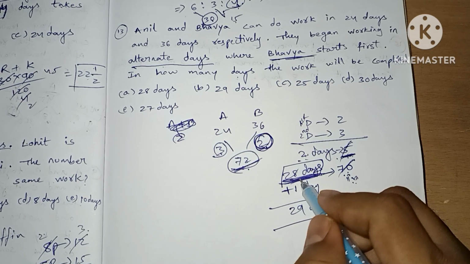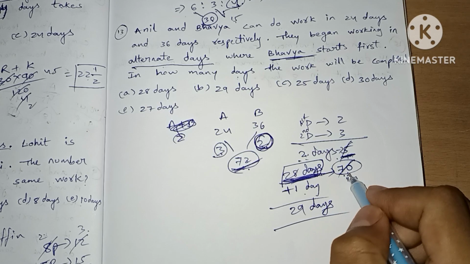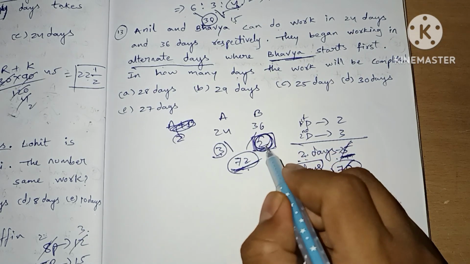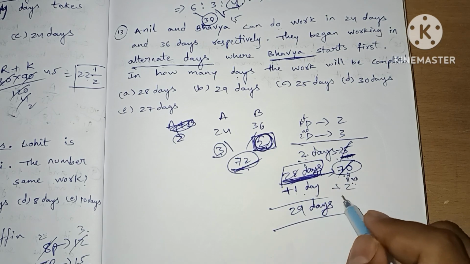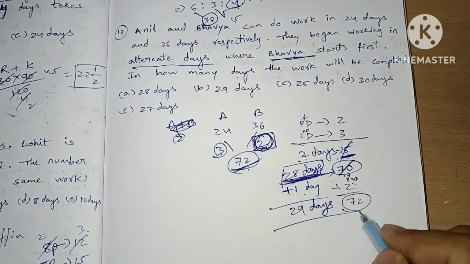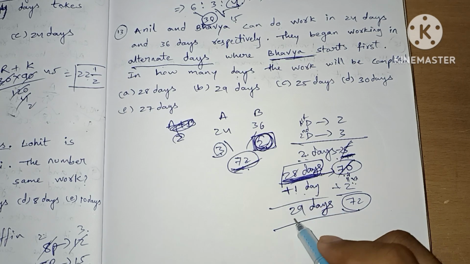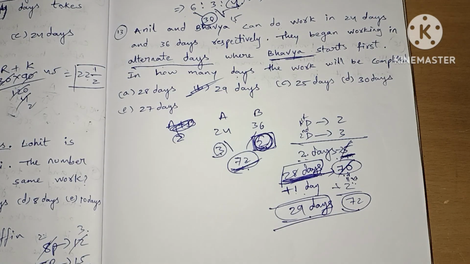After 28 days we can see that only 70 units are completed. In the next day, it starts with Bhavya. So Bhavya does another 2 units. Then we have completed 72 units. So it takes 29 days. So the answer will be option B, 29 days.